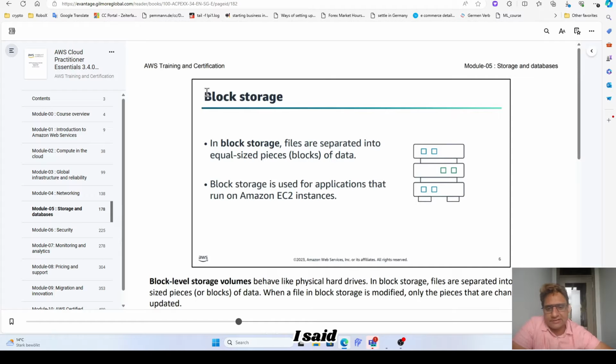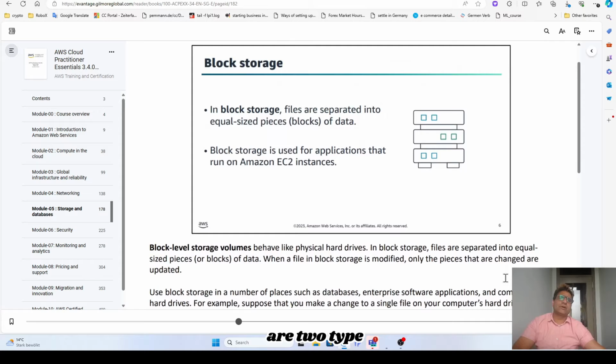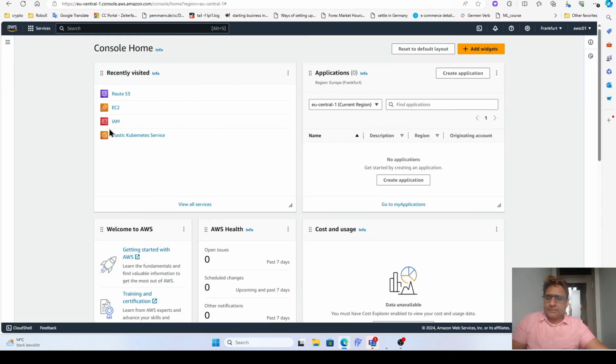Block storage, as I said, you can just take it as a simple block of data where you can write, read, access, and rewrite. Normally there are two types of storage which could be attached to any EC2 instance. For example, when you go to EC2 and create an instance, it asks you which kind of volume or data storage you want to attach to it, because without data storage it is just a simple EC2.